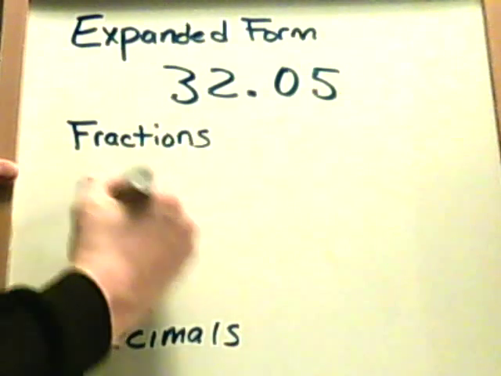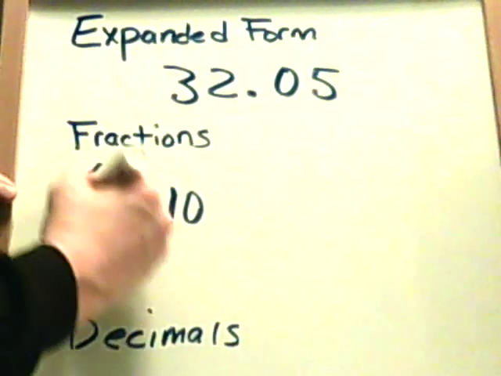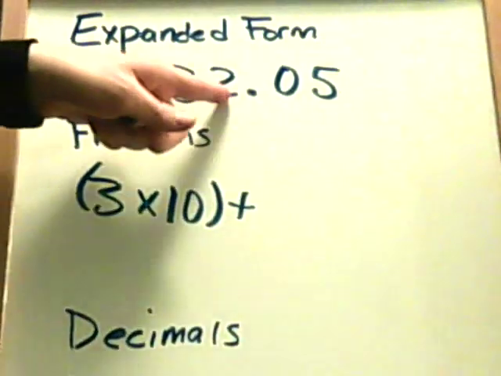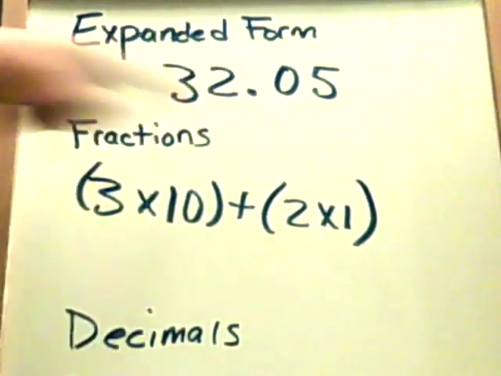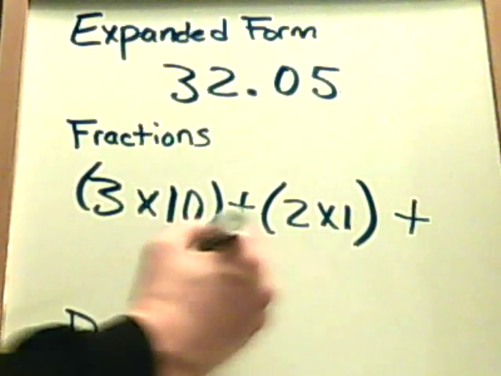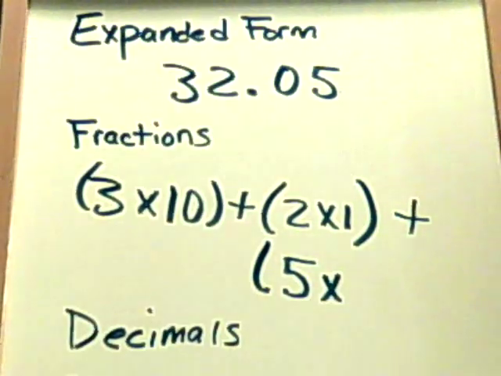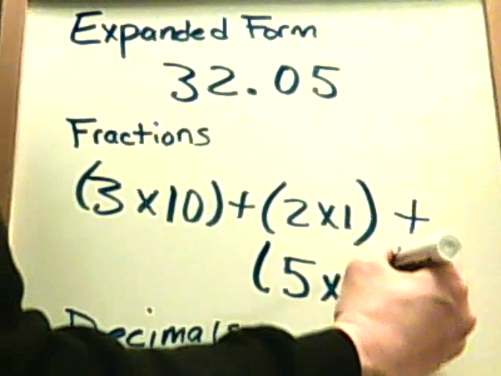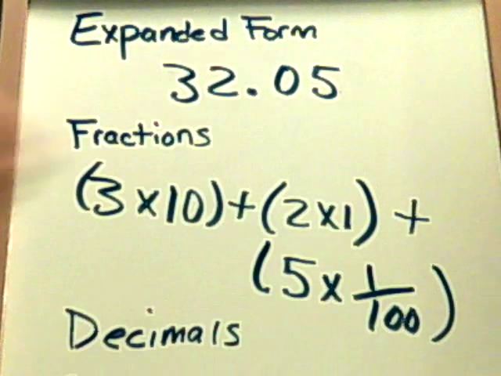So the 3 times what? That's the tens place, plus the 2 times 1, because this is the ones place, plus, ignore the 0, so we go to the 5 times the fraction for the hundredths position, so that's 1 over 100. Okay, so I know it's a little sloppy, sorry about that, but that's how it would look as a fraction.